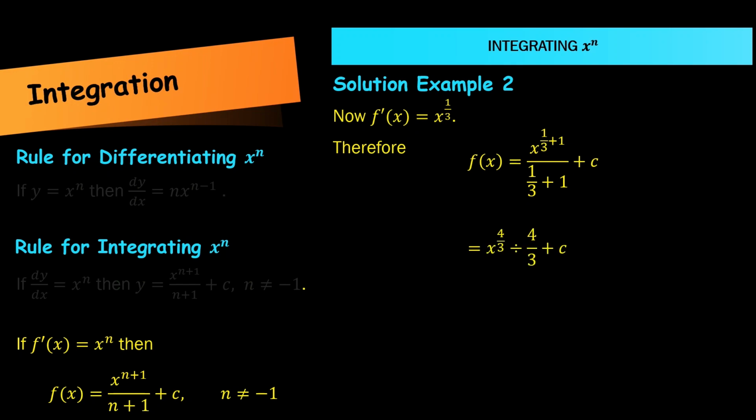And tidying up gives us x to the power 4 over 3 divided by 4 over 3 plus c. And when we're dividing by a fraction, we multiply and flip the fraction over.